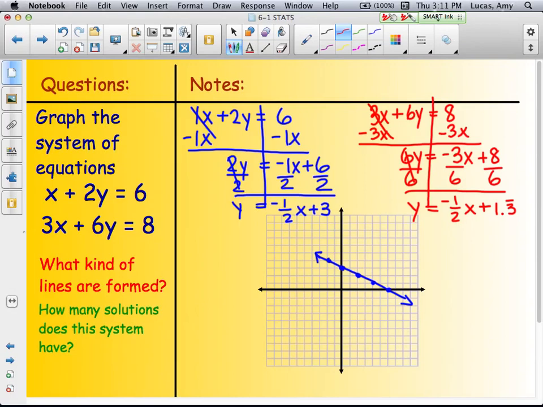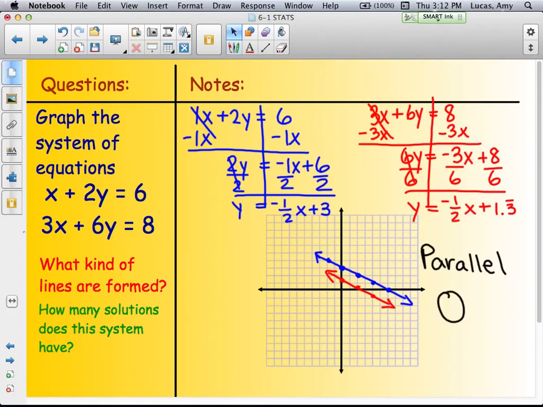So what happens here? We've got 1.3 repeating for our intercept. And then the slope goes down 1 over 2. So since the slope stayed the same, these lines are parallel, and parallel lines have no solution because they do not cross.